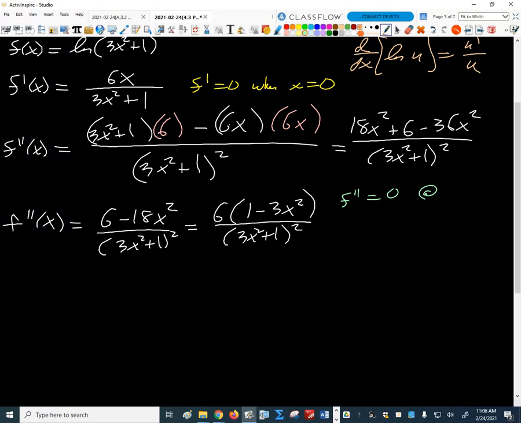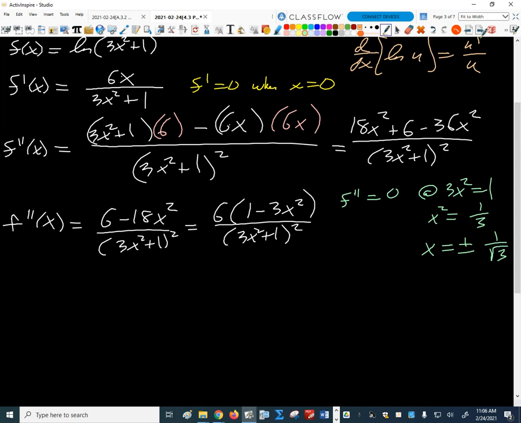If I set the top equal to 0, it's going to equal 0 when 3x squared equals 1, right? Which would be when x squared equals 1/3, which is when x equals plus or minus 1 over the square root of 3, right? Which is just going to be some decimal, some number between 0 and 1, right? We can just approximate it with a decimal maybe.